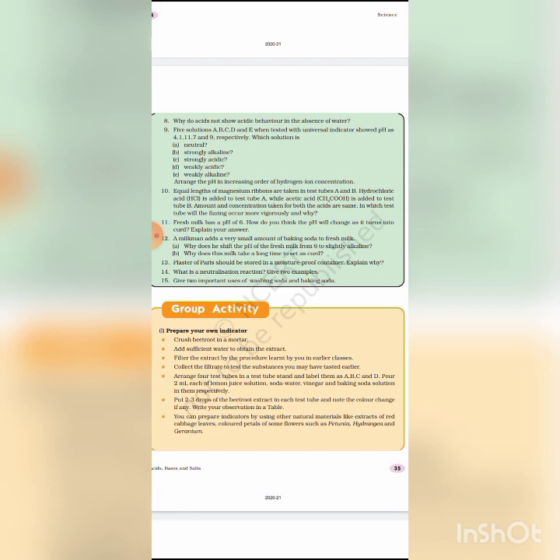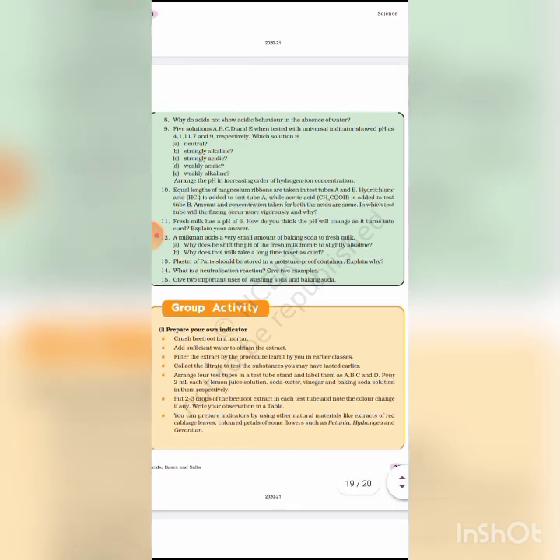Student, milk is made slightly alkaline so that it does not turn sour easily due to the formation of lactic acid in it. Okay, and the alkaline milk takes a longer time to set into curd because the lactic acid formed has to first neutralize the alkali present in it.